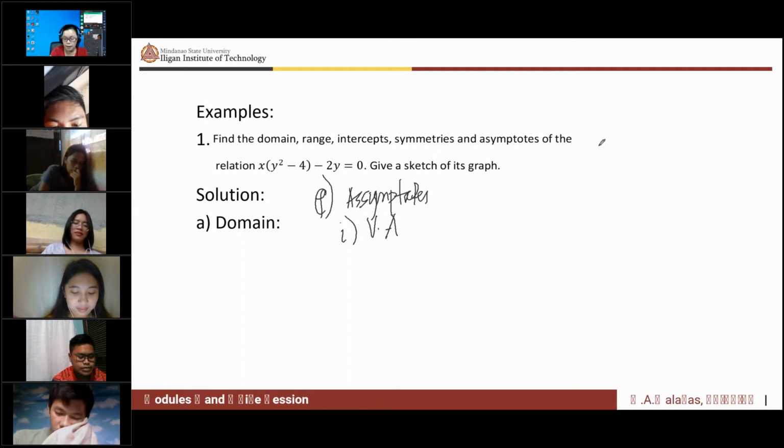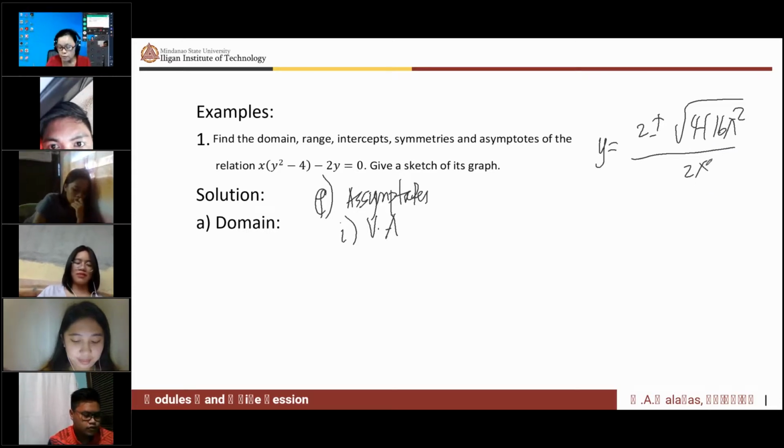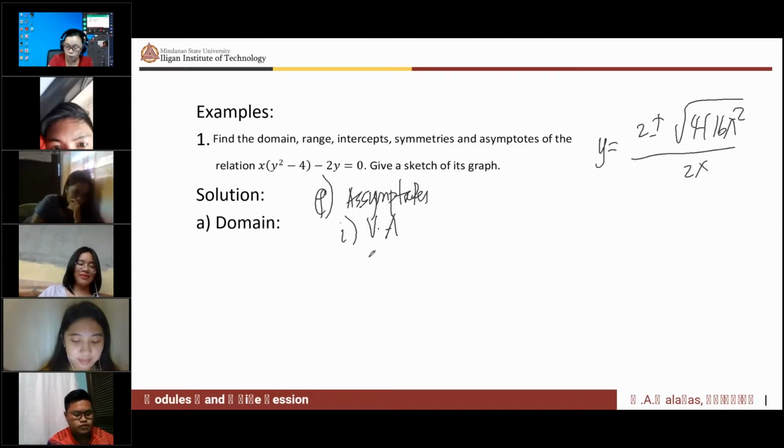Remember, we have y equals a constant, 2 plus or minus the square root of 4 plus a constant, over 2x. If you look at the expression in the denominator, the value x equals 0 makes the denominator 0, but it's not making the numerator 0. So therefore, x equals 0 is a vertical asymptote.